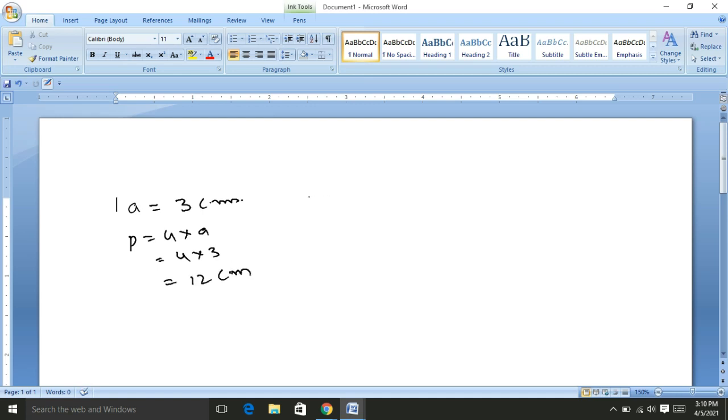And area A equals A square, that is A into A, that equals 3 into 3, that equals 9 centimeter square, right? So this is the area of the square.